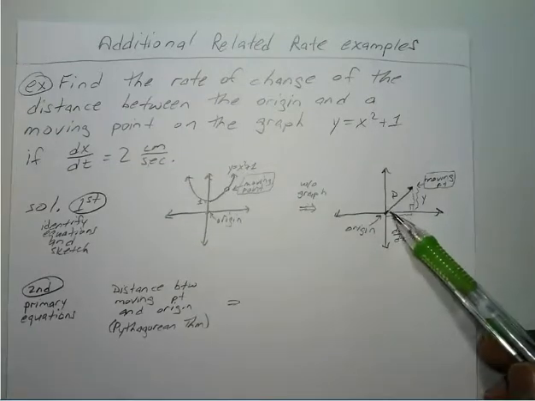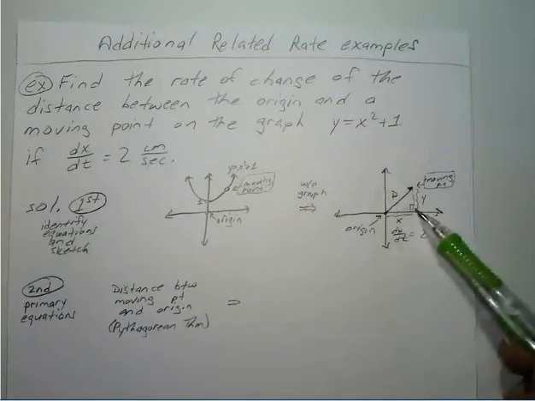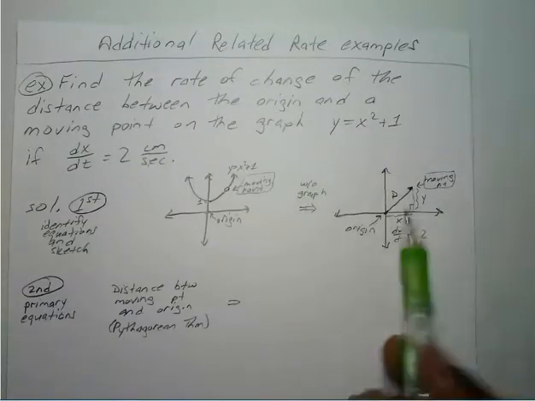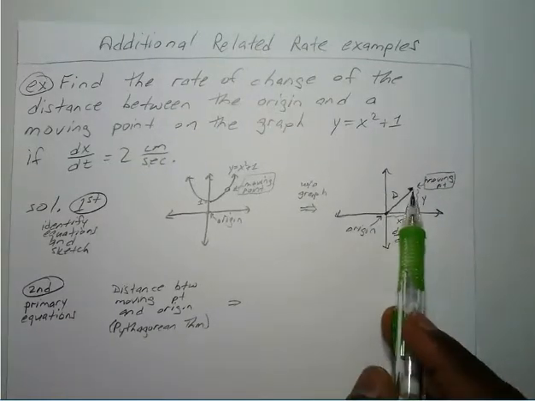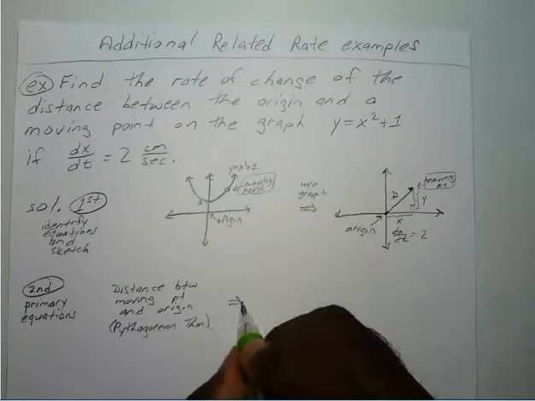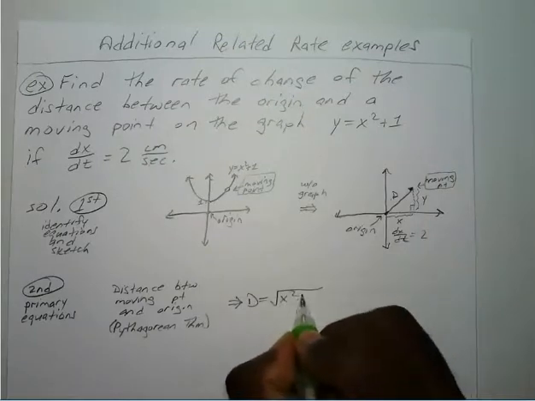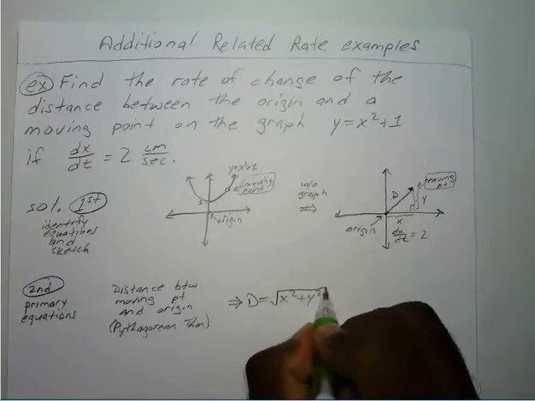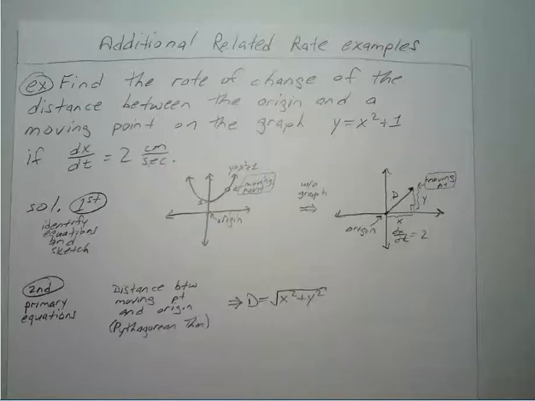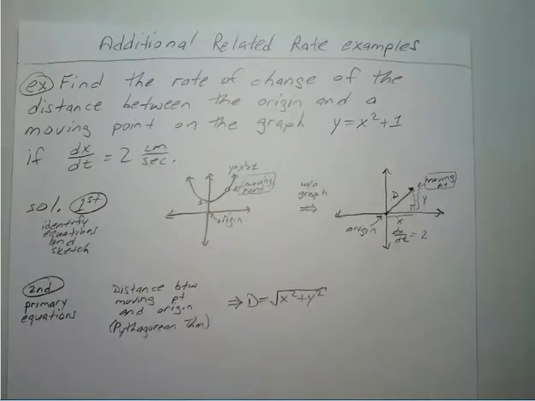You could say x squared plus y squared equals z squared, but in this case, x squared plus y squared equals d squared. If we square root both sides, we end up with d equals the square root of x squared plus y squared. We don't have to worry about the plus or minus because we already know that distance has to be positive.